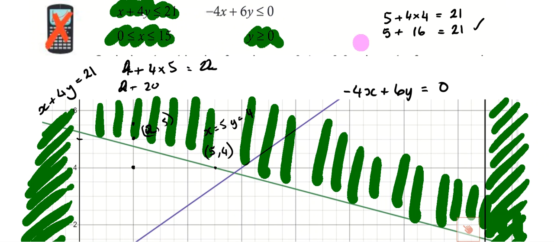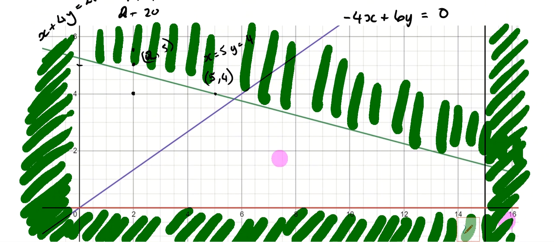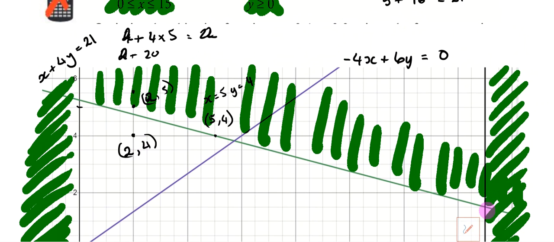So let's just do a check, just in case. Gordon thinks we get rid of this side and keep this side. Should we use this same point here? Let's do 2 and 4. So let's put it into this. Is that the one I'm allowed or not allowed? It's greater. So minus 4 times 2 plus 6 times 4.